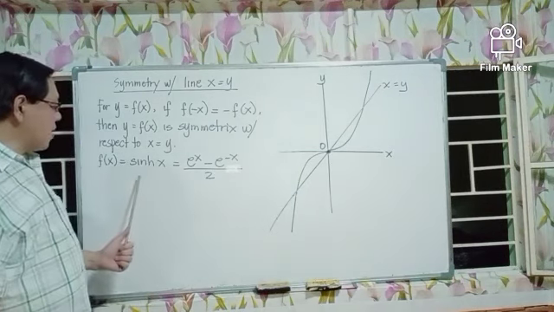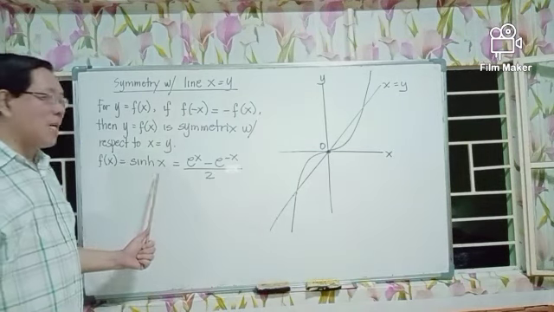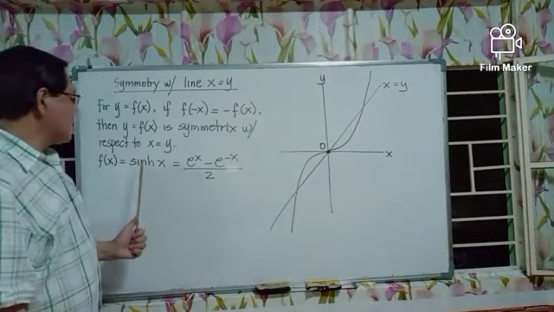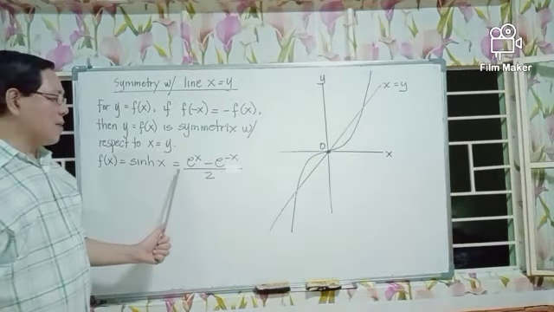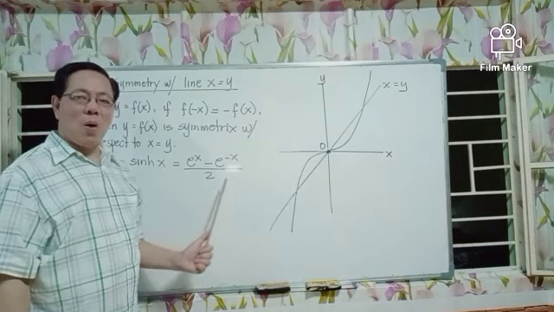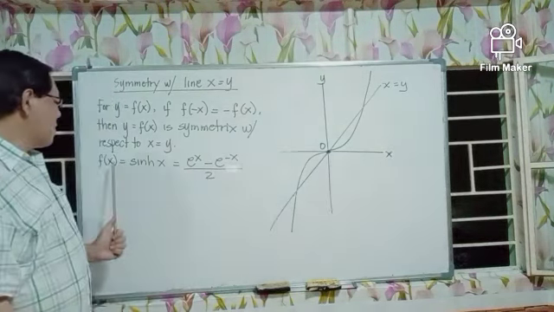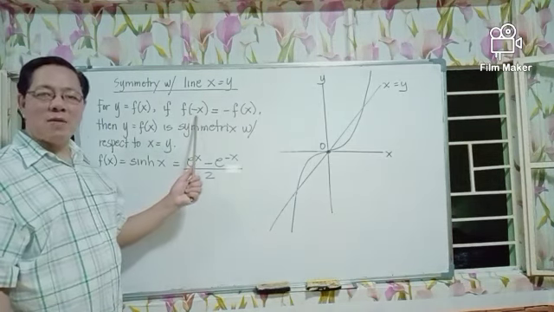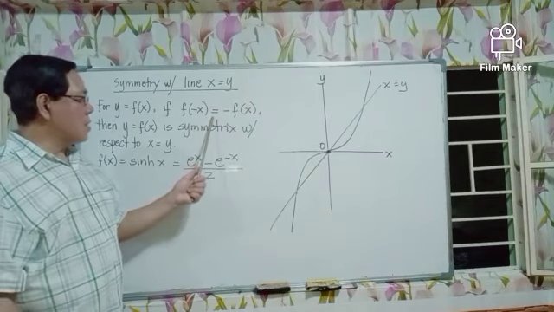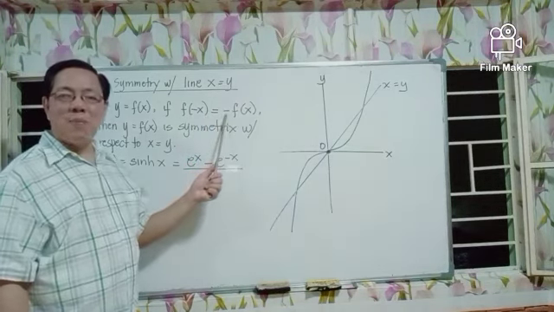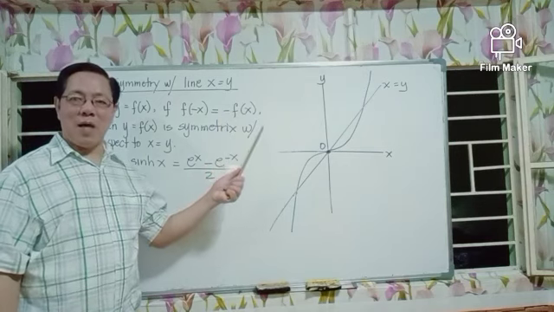And the function that we want to show is symmetric with respect to this line is the hyperbolic sine of x defined by e to the x minus e to the minus x all over 2. And from here, from f of x, we find the value of f of minus x, and we show that after we simplify, we will get negative of f of x.